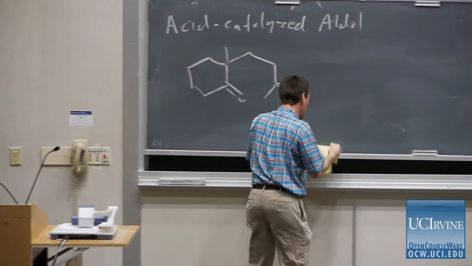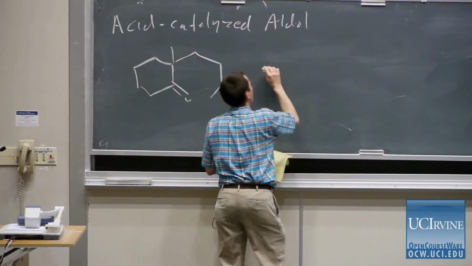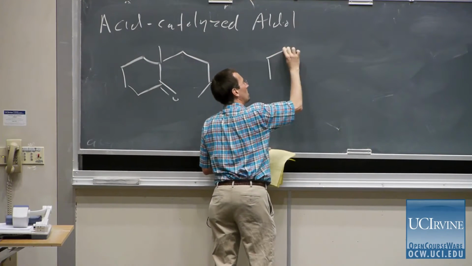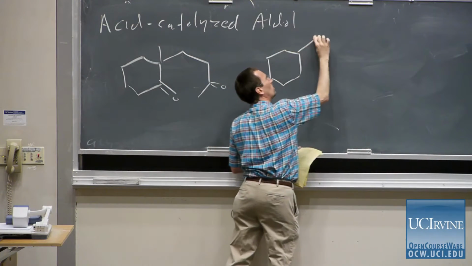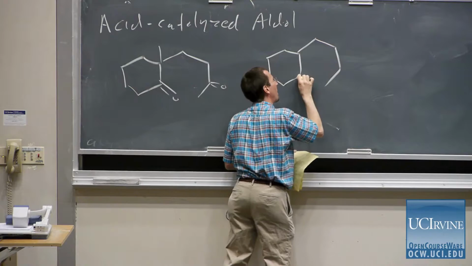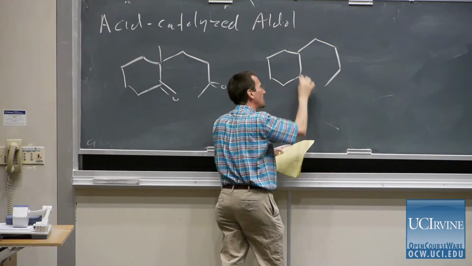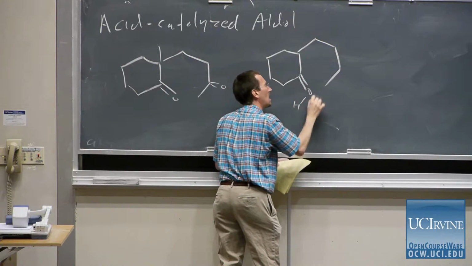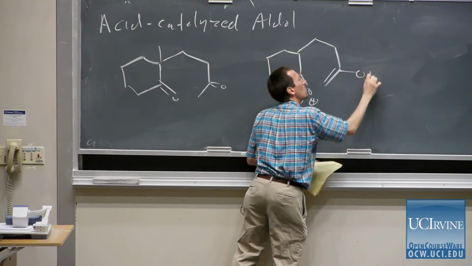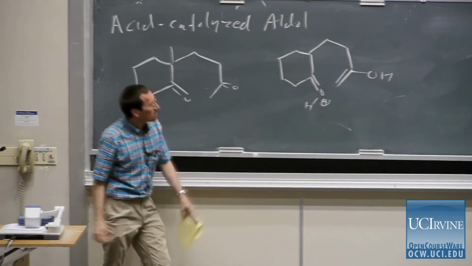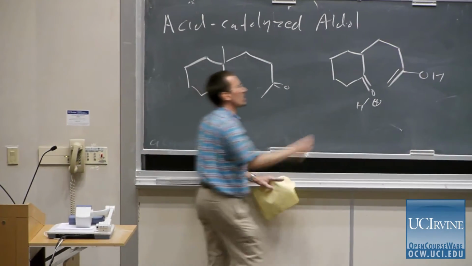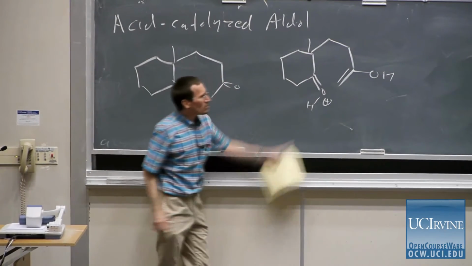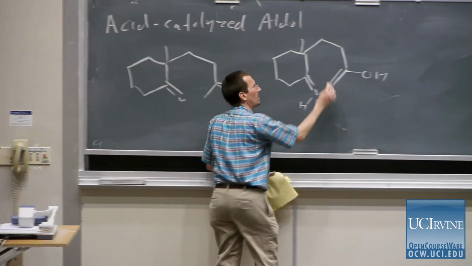Imagine enolizing, and imagine protonating the carbonyl. And again, you should be able to work this out on your own. In fact, I think there may be a problem along these lines in the textbook. Okay, so you can see just as before, you can protonate, you can generate an enol. And again, you're set up for an intramolecular reaction.